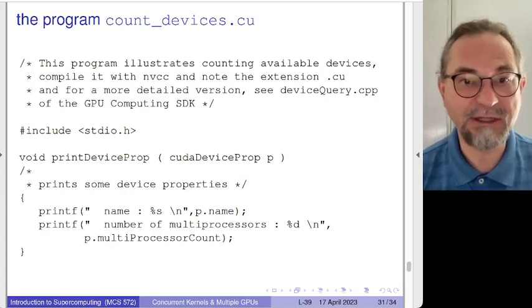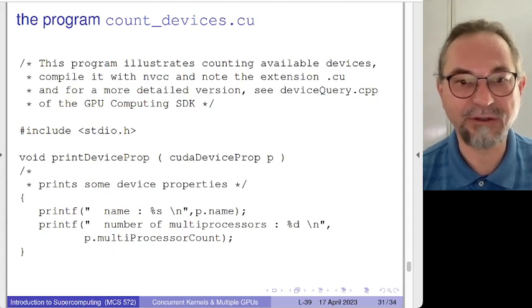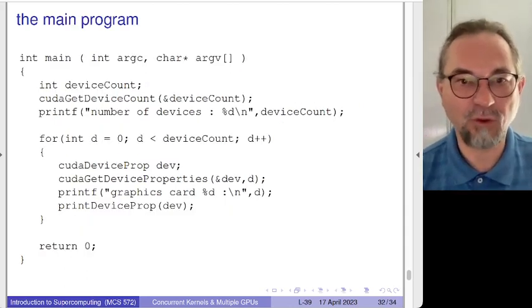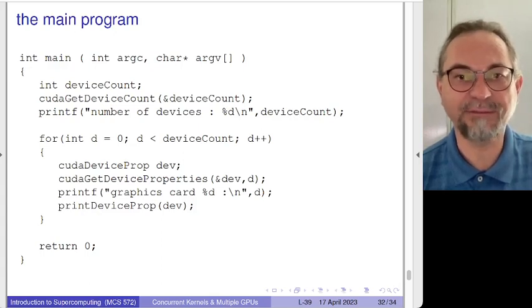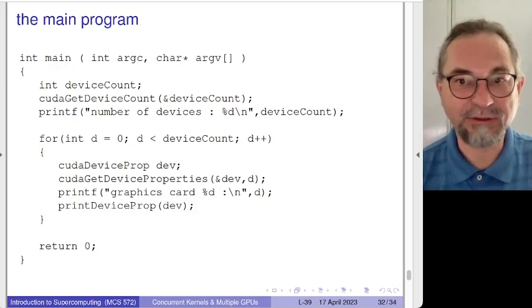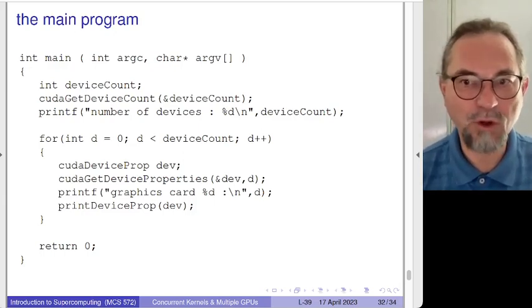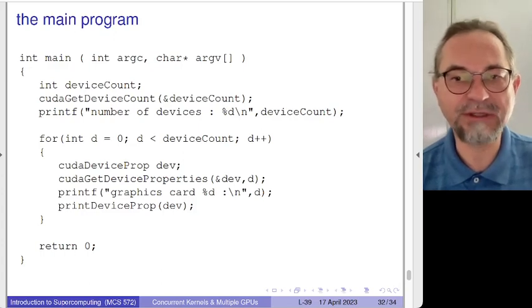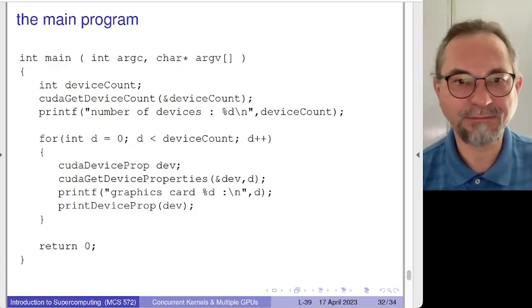Now we can check the properties for all the devices. That is done in the C program here, after the cudaGetDeviceCount call. This will give the count of the CUDA enabled GPUs that are inside your computer, and for every one of those devices, you list the main properties.